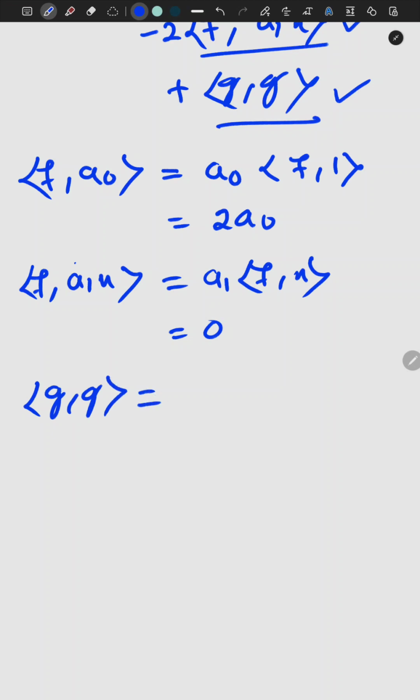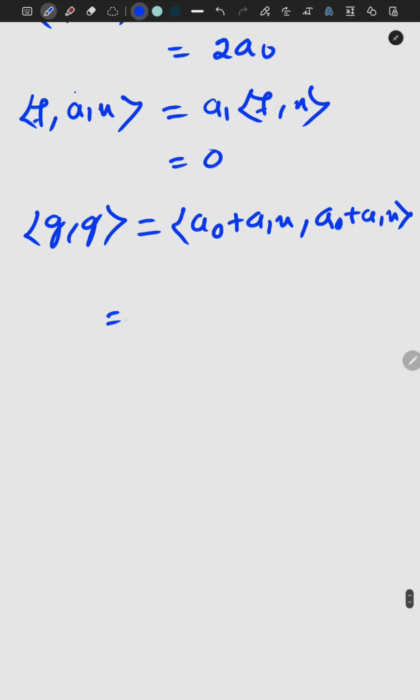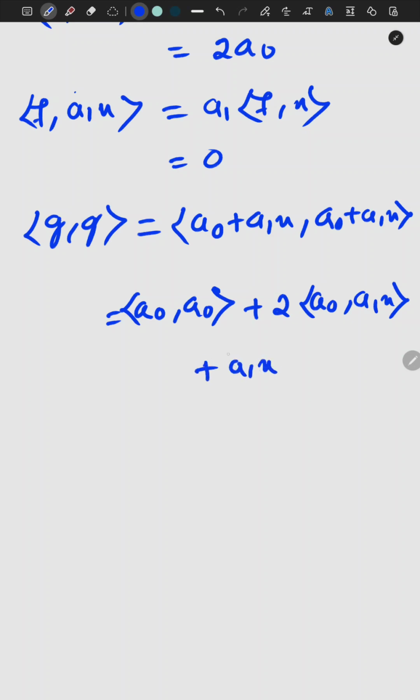The inner product of g comma g is what? g is a naught plus a1 x, so it is the inner product of a naught plus a1 x comma a naught plus a1 x. So it gives the inner product of a naught with a naught, plus 2 times a naught inner product a1 x, plus a1 x inner product a1 x.